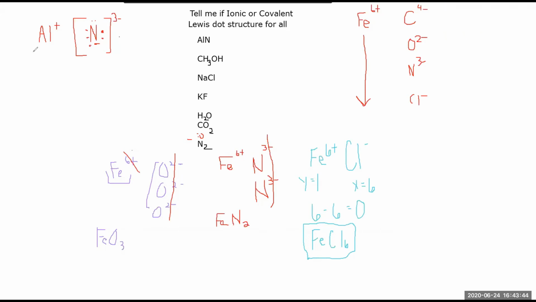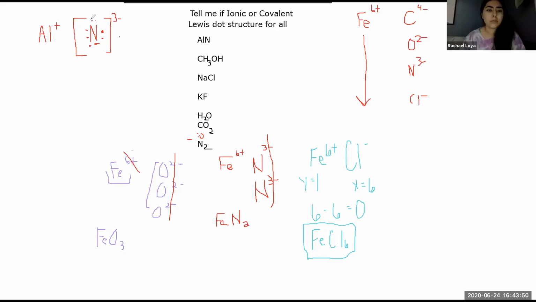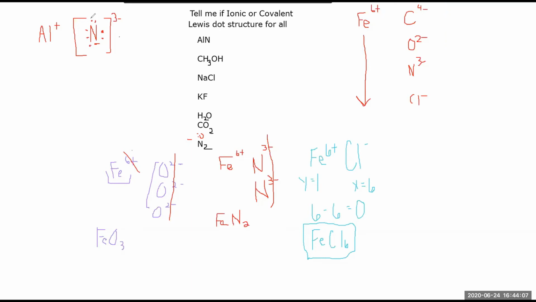But doesn't nitrogen have 7 protons, right? Shouldn't it be 7 instead of 8? You tell me. You said nitrogen has 7 protons. Are we talking about protons? We're talking about electrons, right? Because we're talking about valence electrons, right? So how many valence electrons does N3- have?